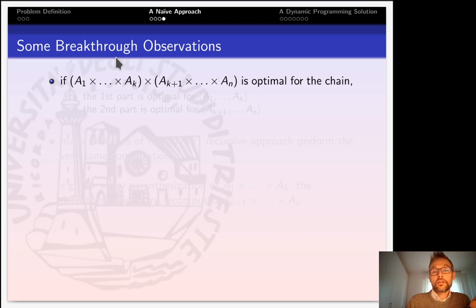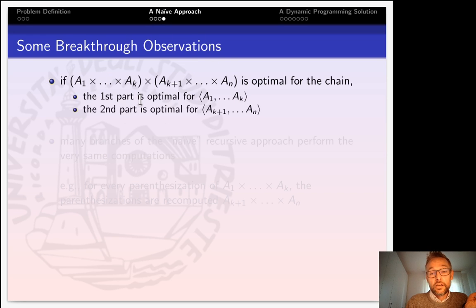First of all, if in some computation we conclude that the parenthesization on the slides is optimal for the chain, that is, the best thing at a certain point is to split the overall chain into two subchains, A1 to AK and AK plus 1 to AN, then for sure the first parenthesization is optimal for its subchain, and the second parenthesization should be optimal for its subchain as well.